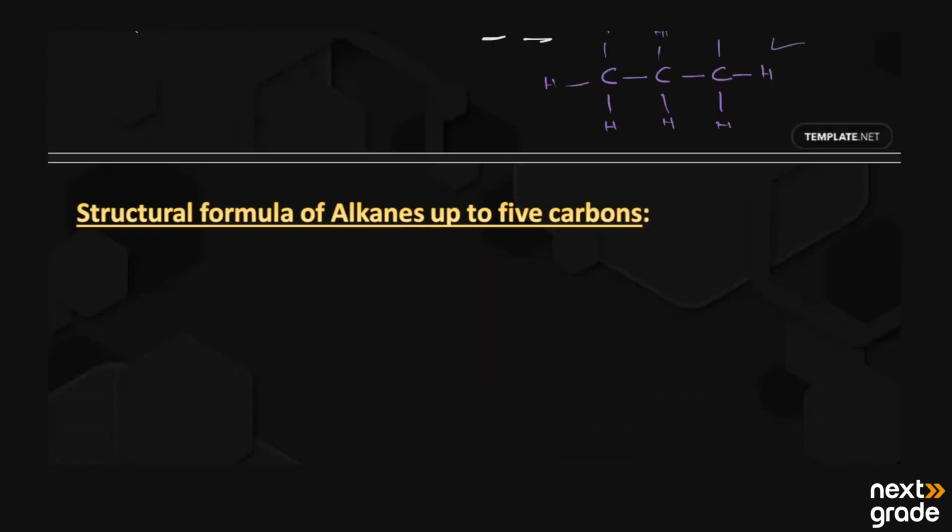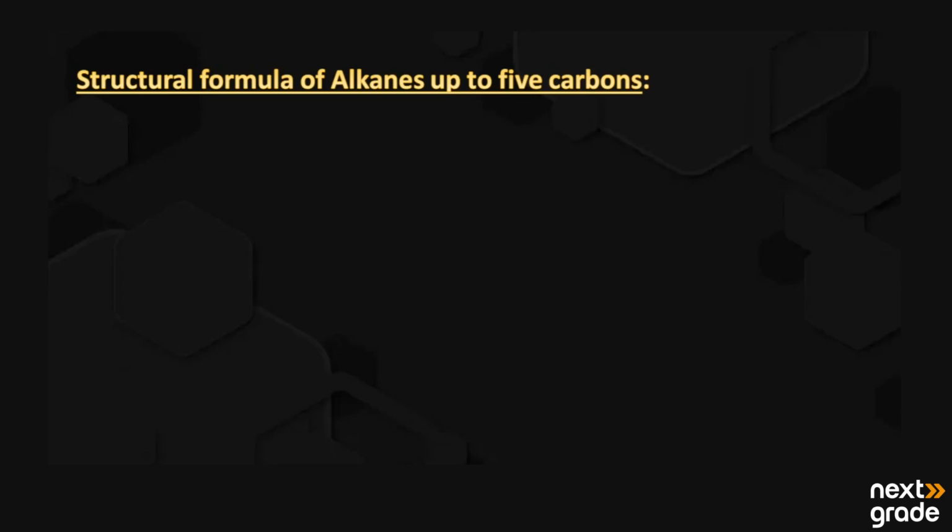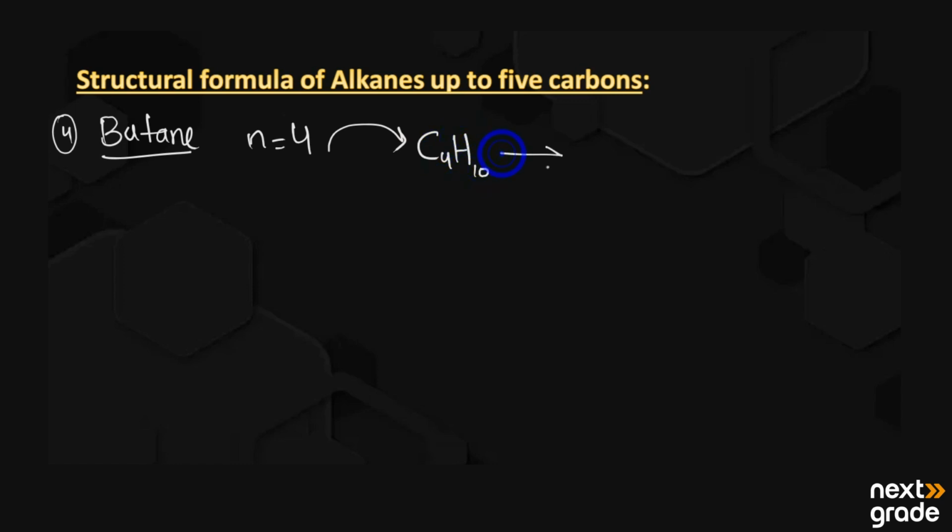Then we have the remaining two. The fourth one is butane, where n is equal to 4. Putting in n equal to 4, we get C4H10.